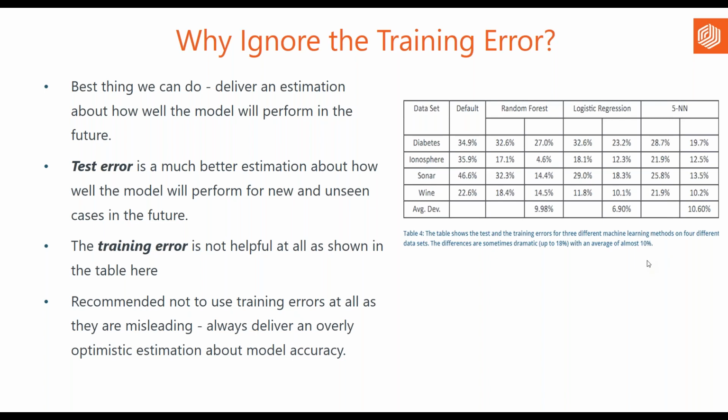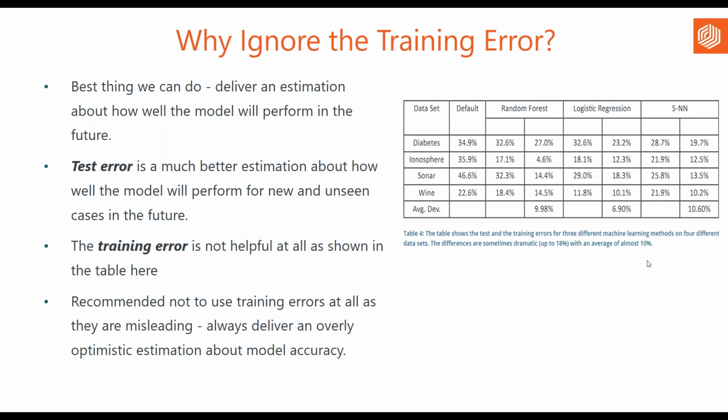So you will be misled if the model is performing the best in the training phase, and you expect it to work the same way in the testing phase, but no, there's at least a difference of 10%. So it's highly recommended not to use training errors at all, as they are misleading and give an overly optimistic estimation of your model accuracy or error.